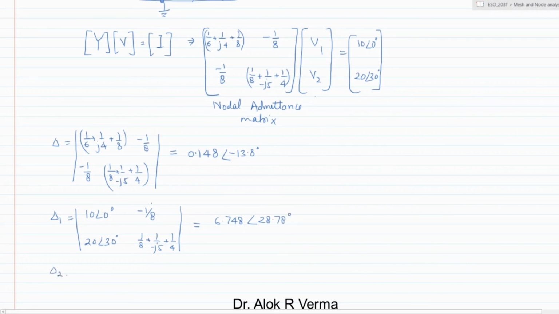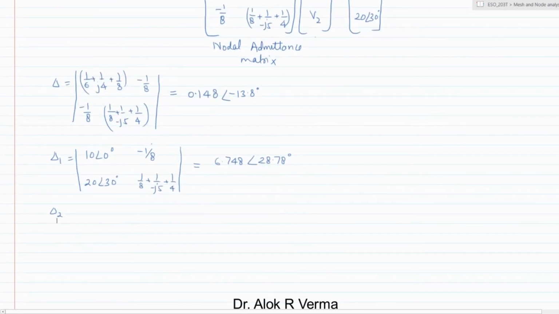Similarly, del 2: this is nothing but 1 by 6 plus 1 by j4 plus 1 by 8, negative 1 by 8, 10 angle 0, 20 angle 30 degree. And if you solve this, you'll get 8.911 angle of negative 9.1.